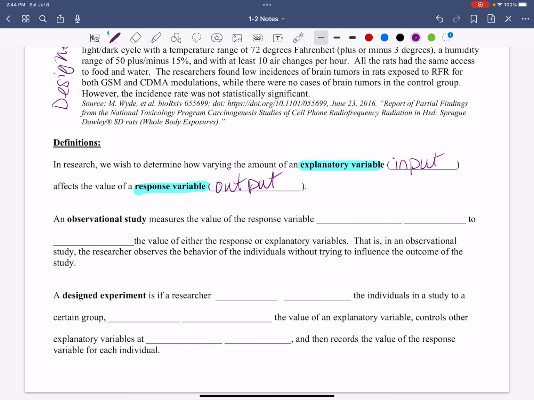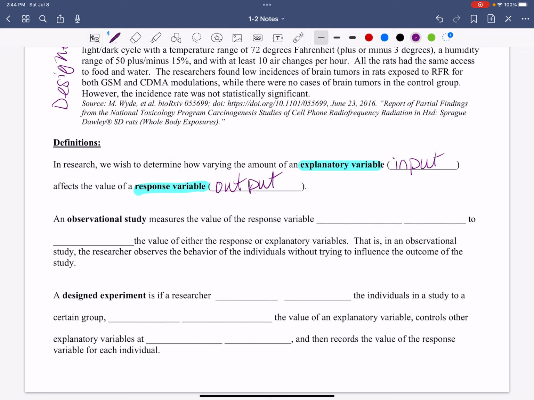So the explanatory is what you're doing, right? It's how you're affecting this, what you're inputting. It's what you're working with in that variable. The response variable is in response to what you're doing with the explanatory. All right, that's your output. You input the explanatory, you're doing something to that, and then the response to what happens with that is your response variable, your output. All right?